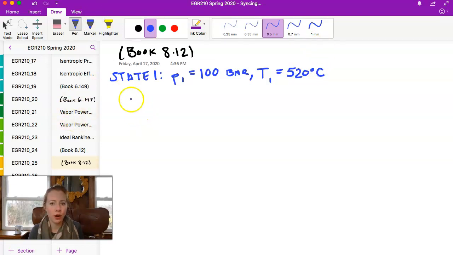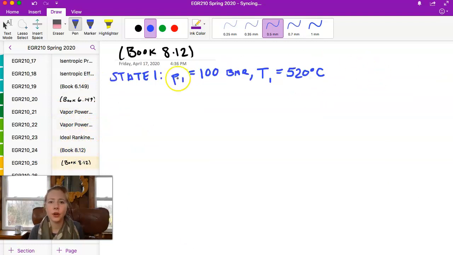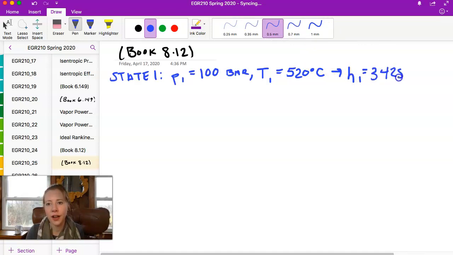And we're dealing with water. And so you can go to your property tables in the book, and we can look up then h1. So practice going to your property tables and looking this up. I'm not going to pull it up just to save some time, but you'll find that the enthalpy at state 1 is going to be 3425.1 kilojoules per kilogram.